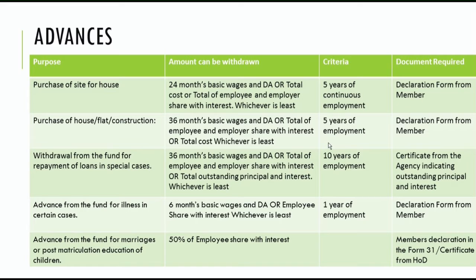The greatest benefit the EPFO is giving to its members is that they can avail advances from their PF amount. There are certain purposes and there are some restrictions on the amount which can be withdrawn, and there are some criteria as well, including all these very important, very common purposes.